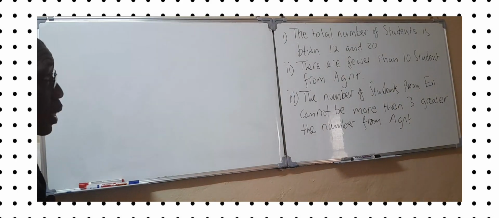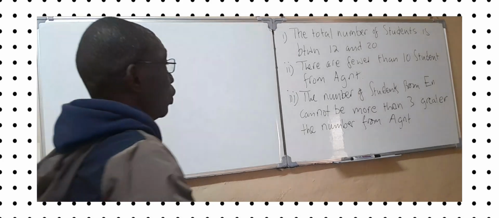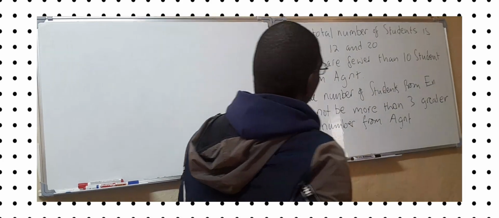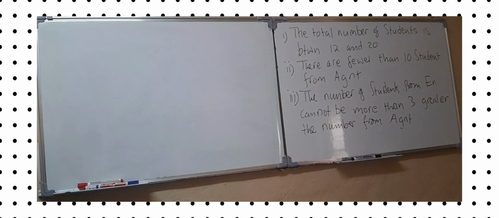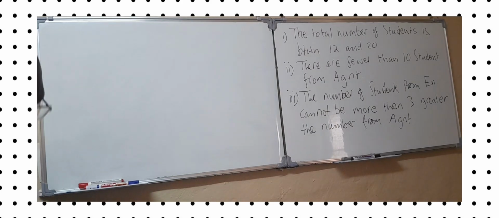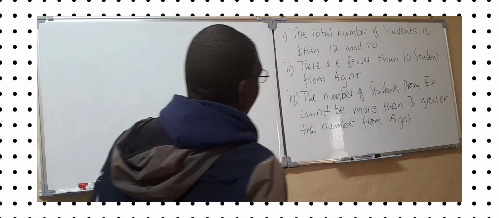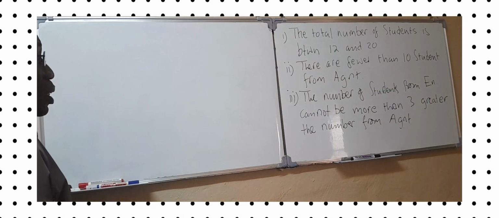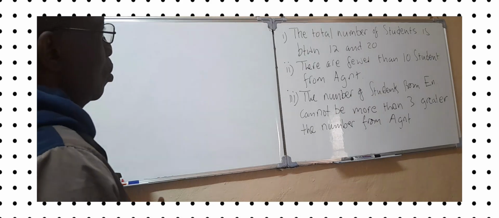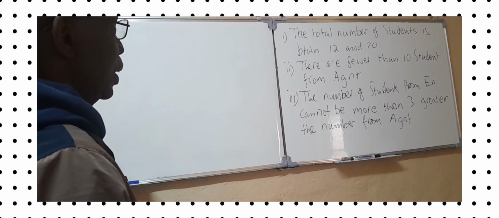Now, our first task is, of course, to convert all this information into either inequalities or equations. But first of all, before we do that, let's agree on terminology. Let's agree on notation. What are we going to call the number of students coming from England? What are we going to call the number of students coming from Argentina?